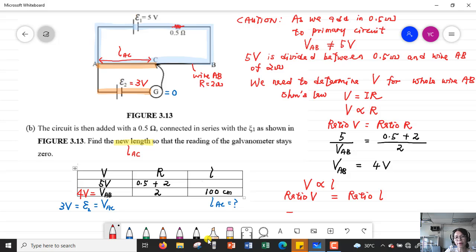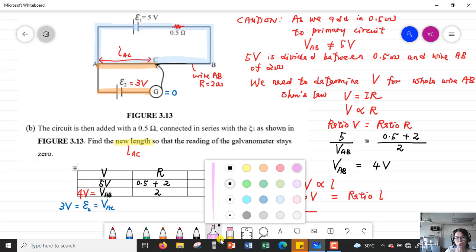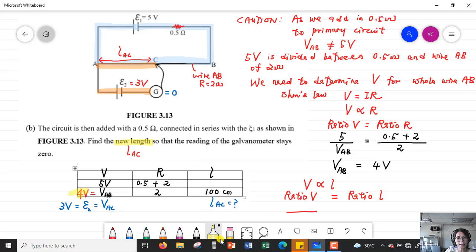You understand ratio, right? Ratio means proportion, division. So the ratio of voltage for the wire, teacher highlights here, the wire, with this one, we are going to have 4 volt to 3 volt. On the other side, 4 volt is 100 cm.